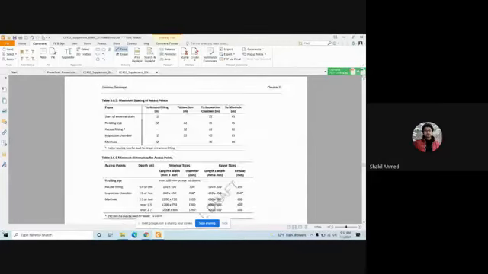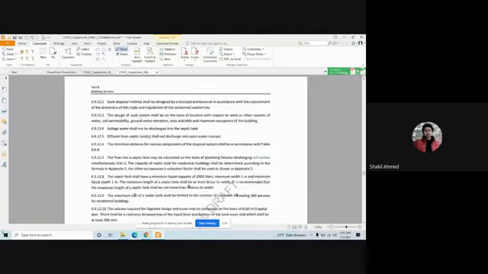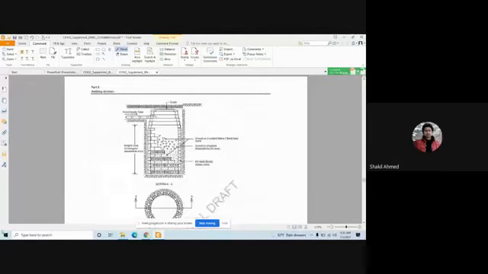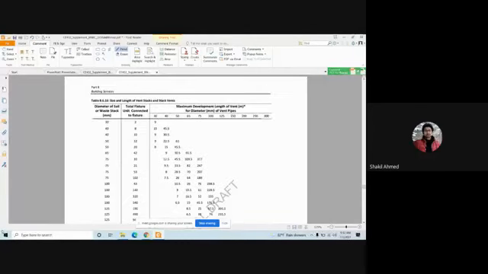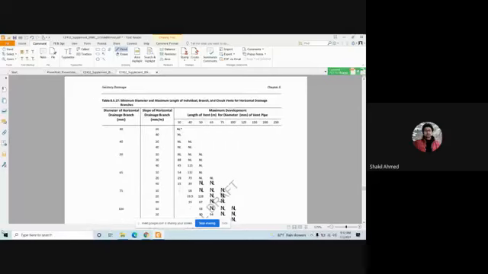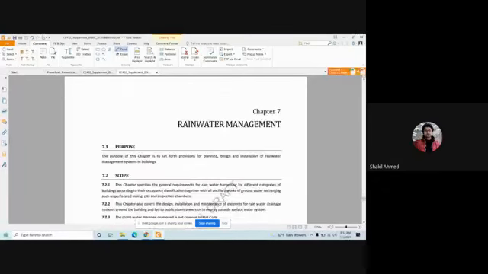I am trying to make you familiar with this BNBC because when you become an engineer and practice engineering in real life, you have to follow the Bangladesh National Building Code in designing a sewer network or any other building design, structural design, environmental engineering design. You have to follow this.